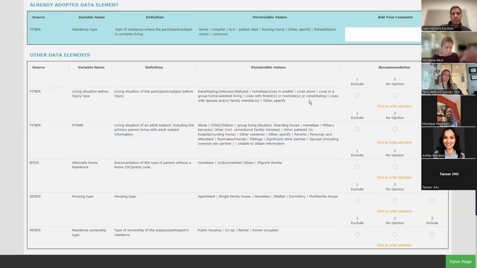So what will happen is this element will automatically be recommended or reviewed by the CDE steering committee. And if we have another element in this same topic area, those two will be grouped together when it comes to this group's recommendations. Then the CDE steering committee and eventually the executive committee could make a determination whether they think the two are distinct enough to create both.